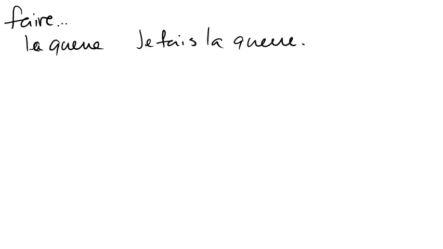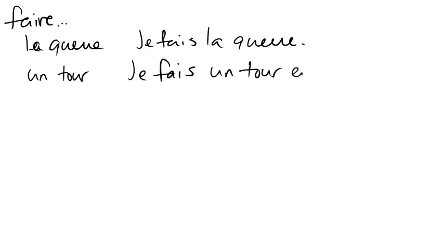We also have faire un tour. And you can do this en voiture as well. So this is to take a walk or a ride. Je fais un tour. And if I'm doing it in a car, you can say en voiture. Otherwise, you can leave the en voiture off and leave it as un tour.